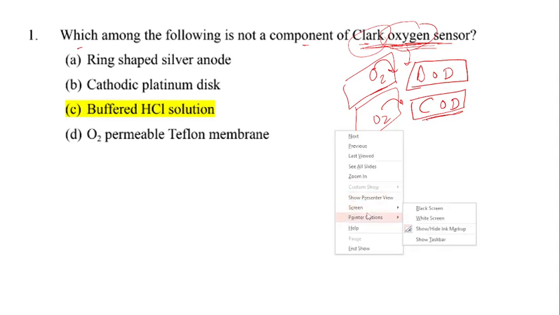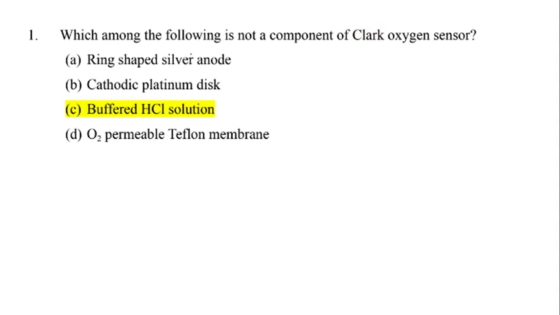So now we know about the Clark oxygen sensor perfectly. Which among the following is not a component of the Clark oxygen sensor? Ring shaped silver anode, yes, it is there. Cathodic platinum disc, yes, it is also there.